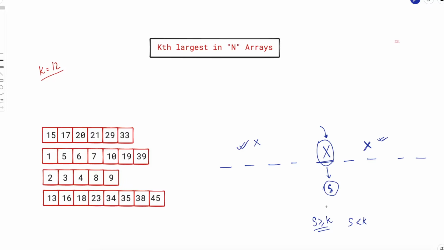Now the only thing that needs to be answered is how to figure out this s efficiently, because if you can't figure out s efficiently, you can't decide whether to go left or right efficiently, and that will make the binary search slower, right?